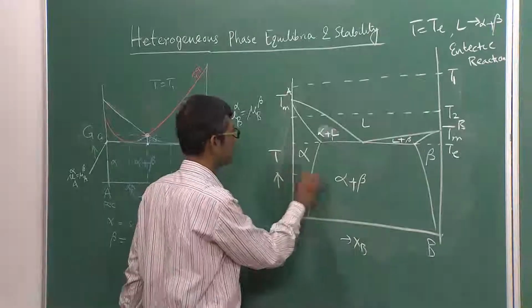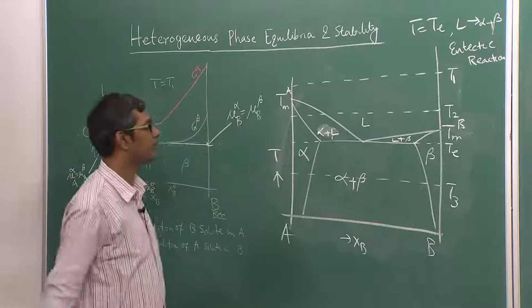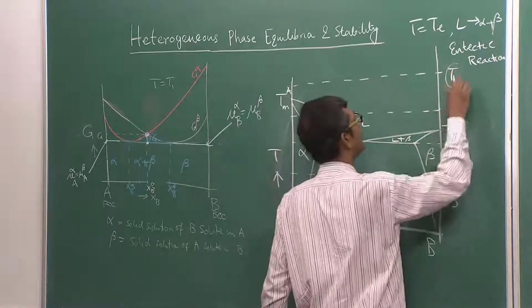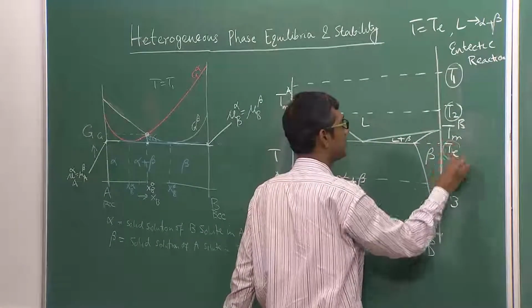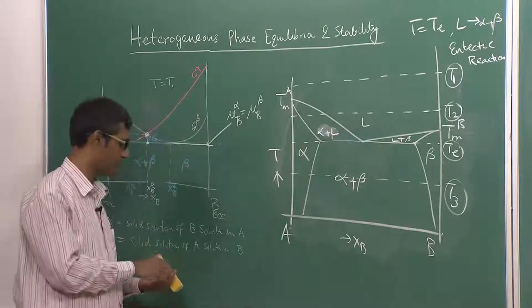And then we will draw it at T3. So we are going to draw at T1, T2, TE and T3. Others you can try and do yourself.